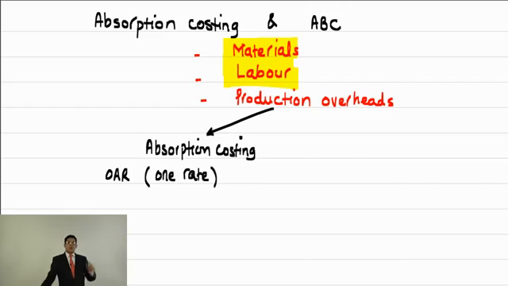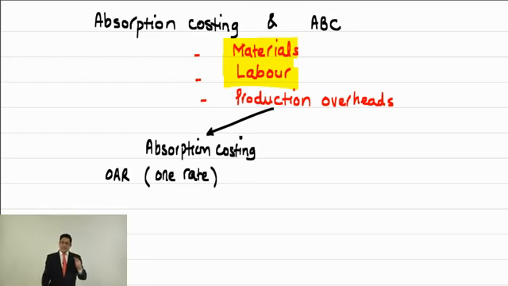We use only one overhead absorption rate, the formula which I have shown you. Budgeted overheads divided by budgeted labor hours, or budgeted overheads divided by budgeted number of units, or budgeted overheads divided by budgeted machine hours or labor hours, whatever is given in the question. One overhead absorption rate is used to charge overheads to each product.